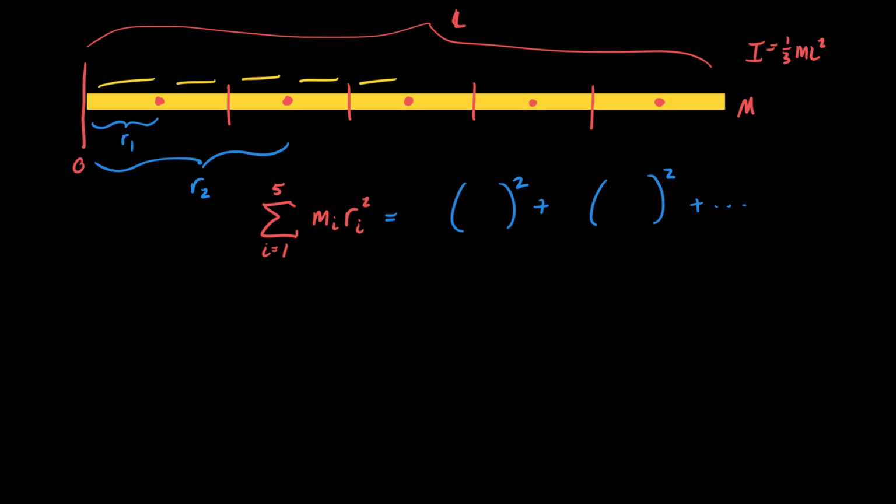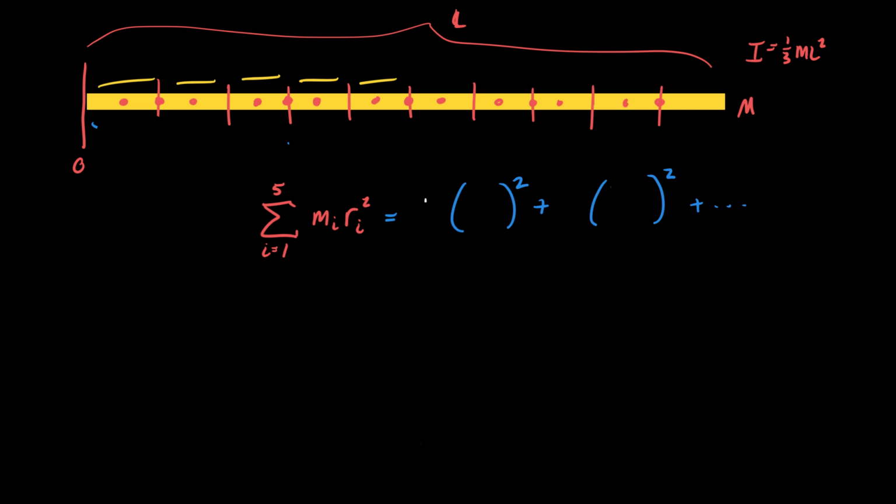My picture's not going to work anymore because it's got twice as many things going on. So suddenly, I'm going to break this up into 10 pieces, and I'll place the centers there. So if we're breaking up into 10 pieces, what is the mass of an individual piece?